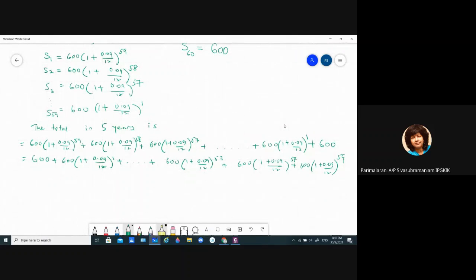What pattern do you see here? Do you recognize this equation? What kind of equation is this? You have done this before, right? It's what kind of a series?